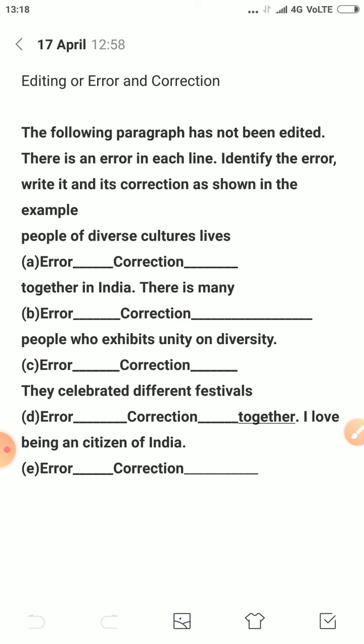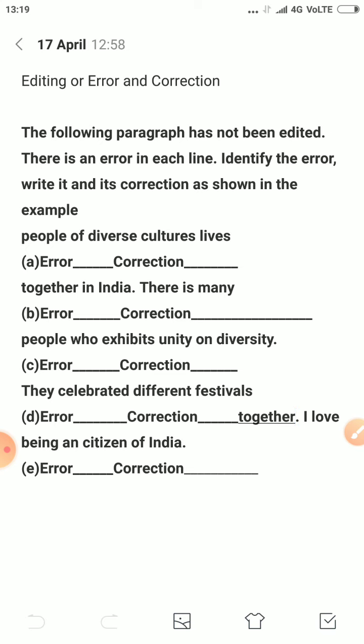Next line, they celebrated different festivals. This is the line.